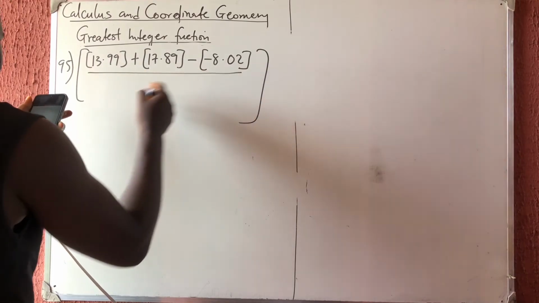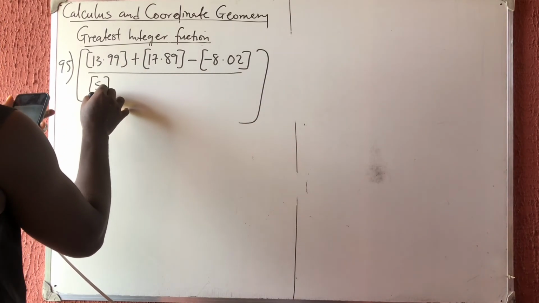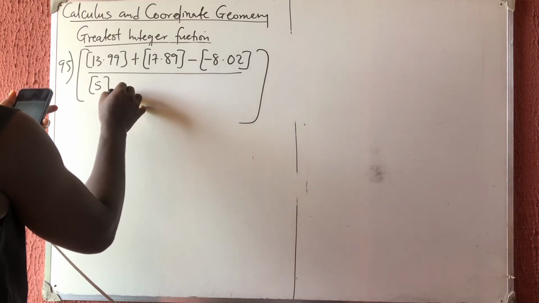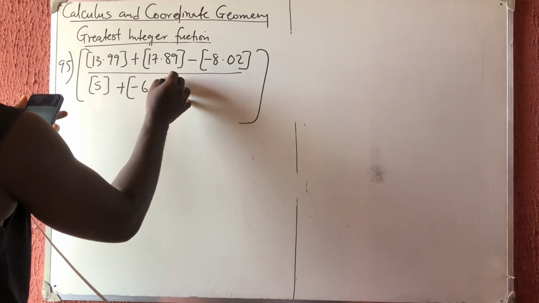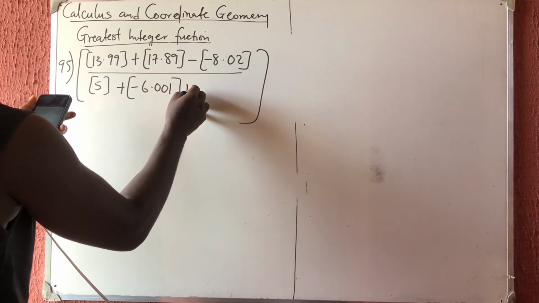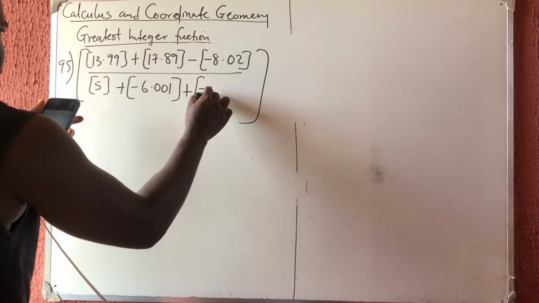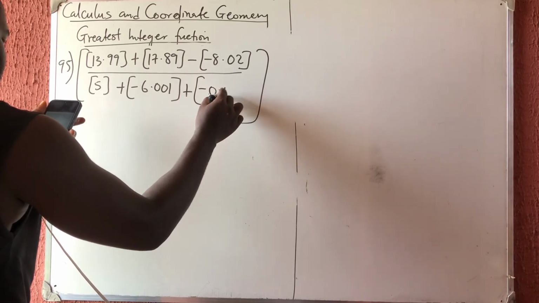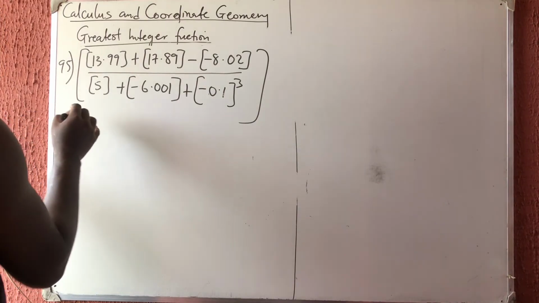Now divided by the greatest integer function of 5 plus the greatest integer function of minus 6.001, then plus minus 0.1 all raised to power 3. Okay, so this is very simple.